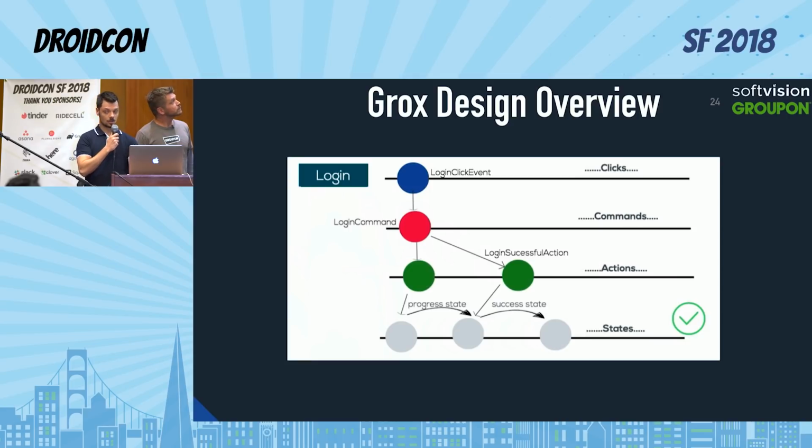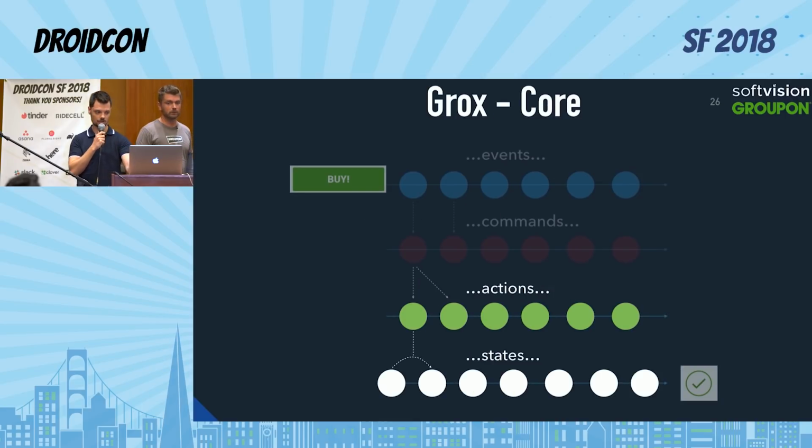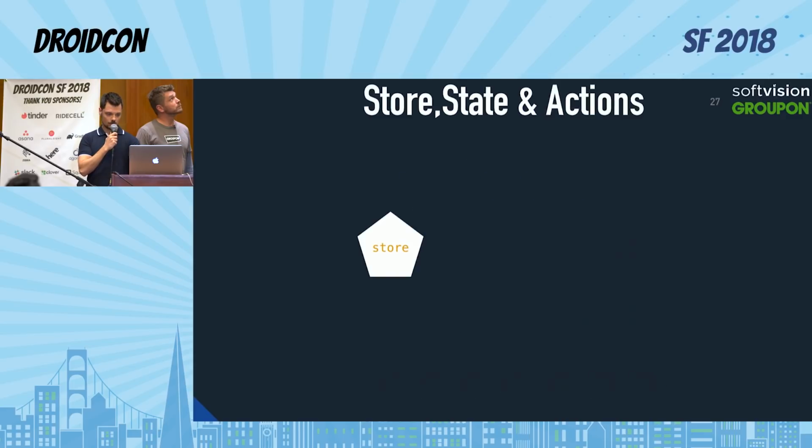Let's see what are the building blocks for you to create this design. So Grox comes with 3 artifacts, 3 jars that you can use independently to create this design. The first 2 are the Grox core and the Grox core Rx extension. And this is about actions, states, and the store. So we have the store, which is a state repository. It's the unique source of truth. And we highly recommend that you use an immutable state.